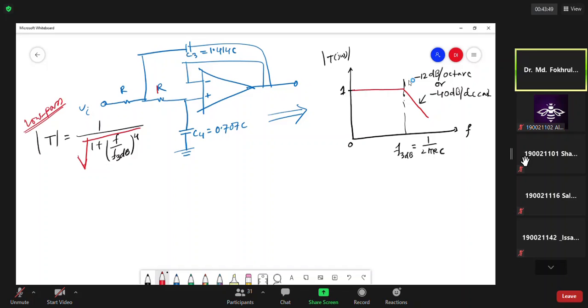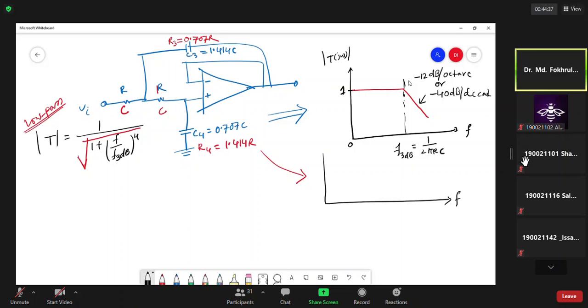So how can we find it? In order to get the high pass, we need to make this a capacitor, and this is also a capacitor, and R3 will be vice versa, 0.707 R, and R4 will be 1.414 R. And for this, the corresponding transfer function will look like this one.